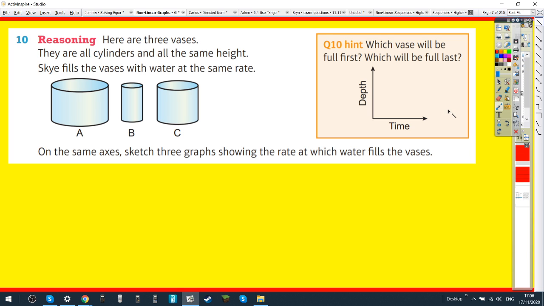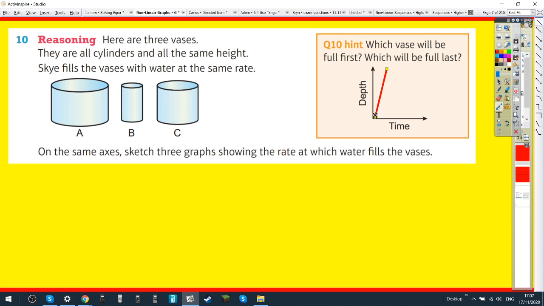The width. Like, I think, so which will fill up first? B. So what would the graph of that look like, how would that be different from the other ones? It is a little closer to the y-axis.